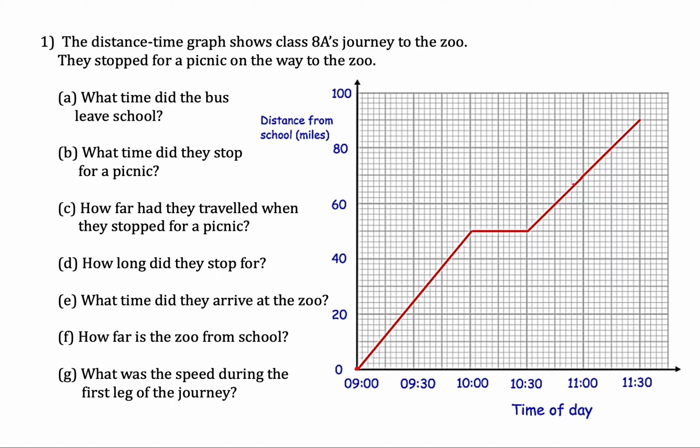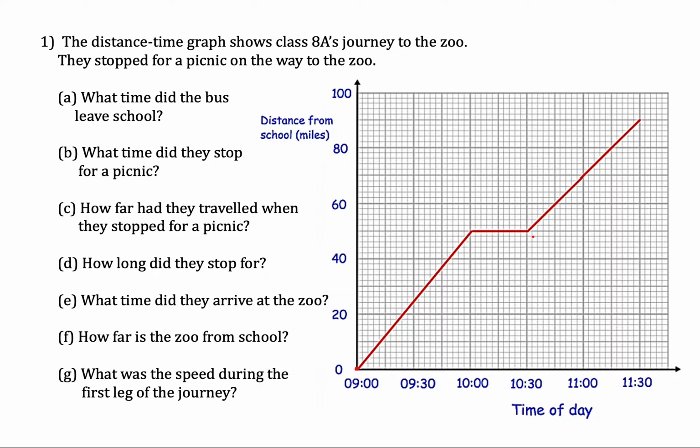And then again, in this part of the graph, it's travelling again further away from school, and it's taking a certain amount of time. Now, the other thing you can see is that if we have a steeper part to the graph, that means it's covering distance in a shorter amount of time than a less steep part, where it might rise the same amount but in a longer period of time.